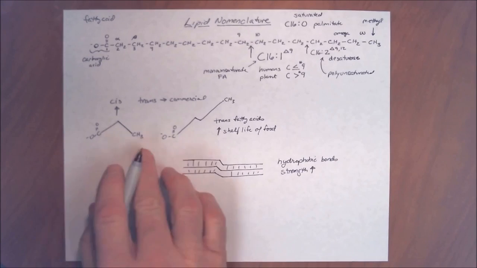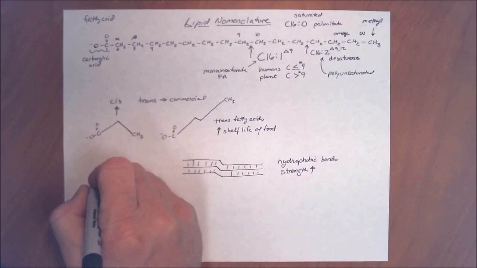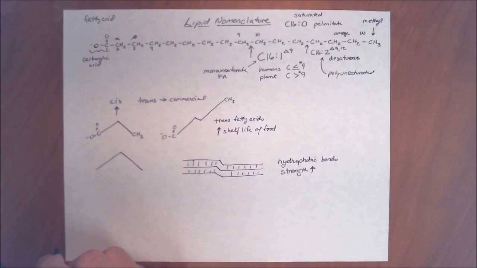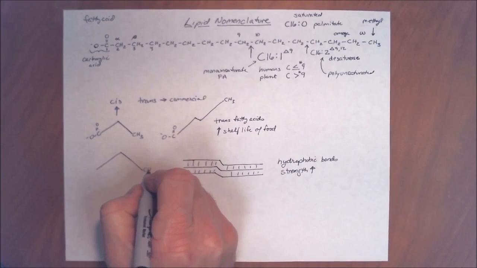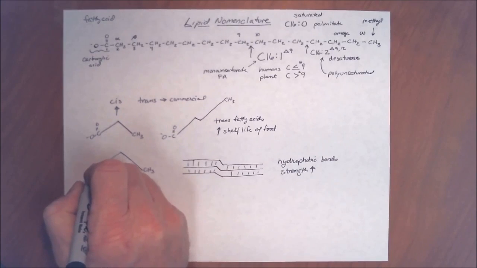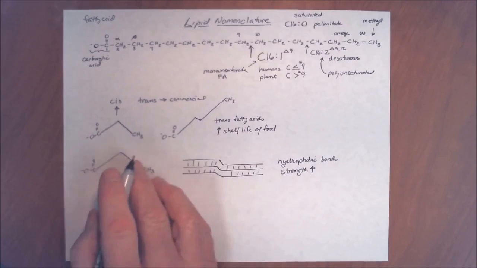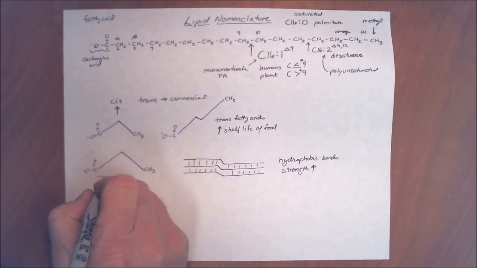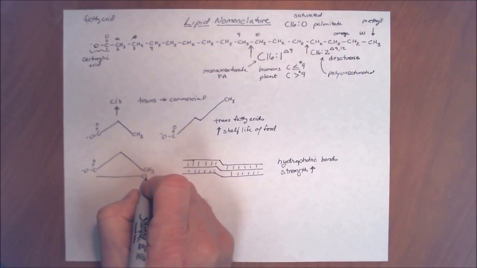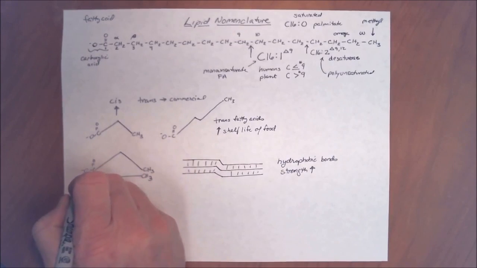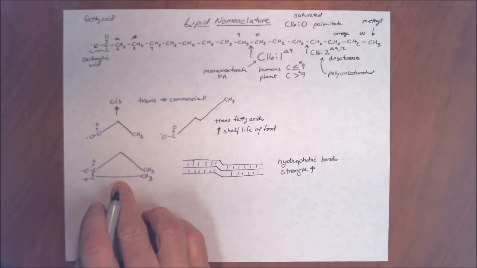Now compare this with cis bonds. We might potentially have a cis bond here, and say, for example, we have a saturated fatty acid with no double bonds next to it. In reality, this is what our fats look like from endogenous synthesis.